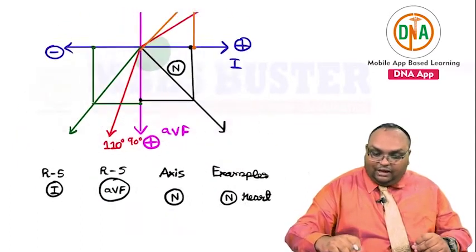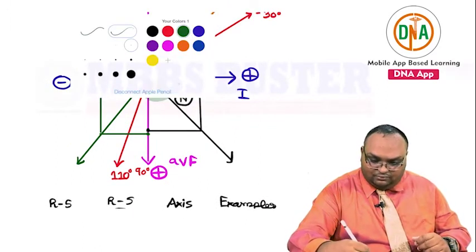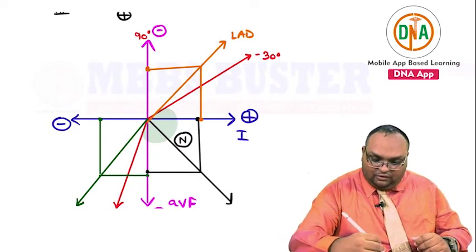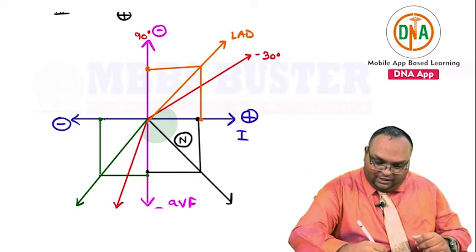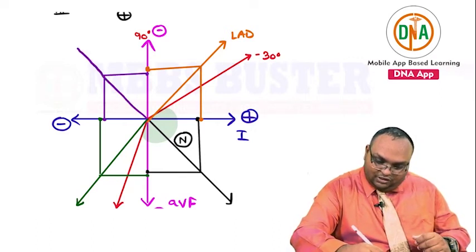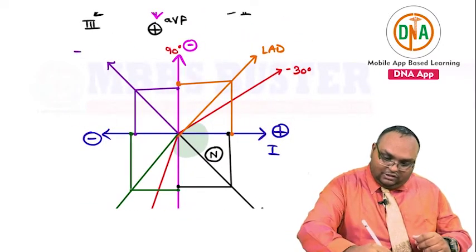And if we would have both negative, what would you do in such a case? Suppose we use this color. You plot one negative point here and one negative point here, join them up, and pass a line through the origin and the point of intersection of these two, this would be your indeterminate axis.